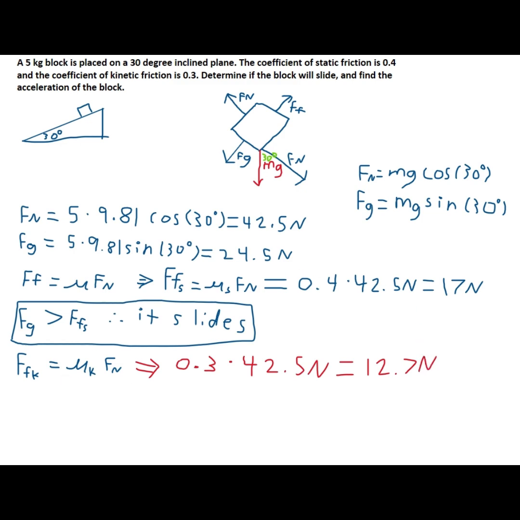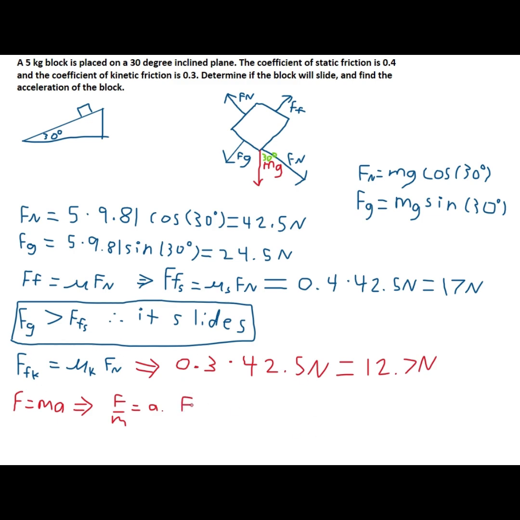Now to determine the acceleration, we can use Newton's second law, F equals ma, meaning that force divided by the mass is equal to acceleration. Now, we need to determine the net force. The net force in this case is going to be the force of gravity minus the force of kinetic friction because it'll be moving.